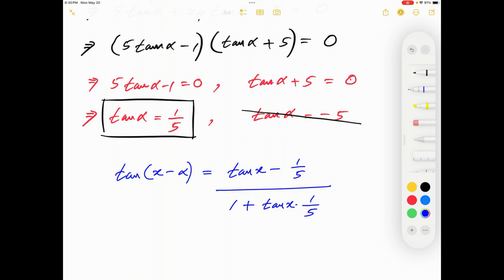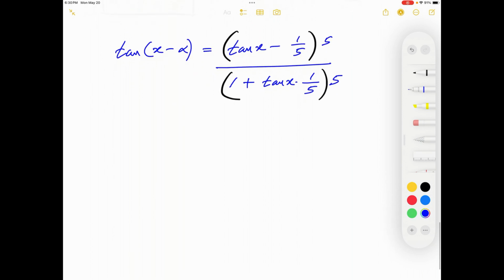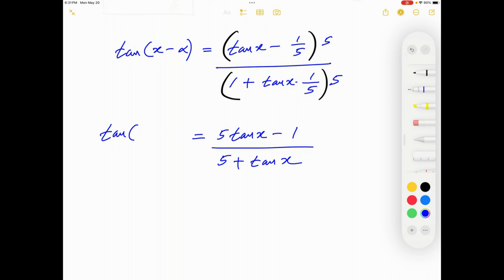In order to simplify this, I'm going to multiply both top and bottom by 5. When I do that, I get tangent x minus alpha being equal to 5 tangent x minus 1 divided by 5 plus tangent x. Remember, that's the answer for tangent x minus alpha, which is not the answer for our question.